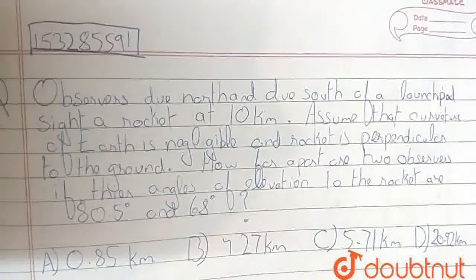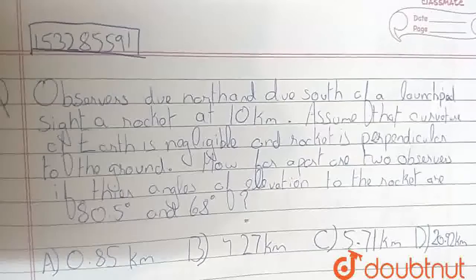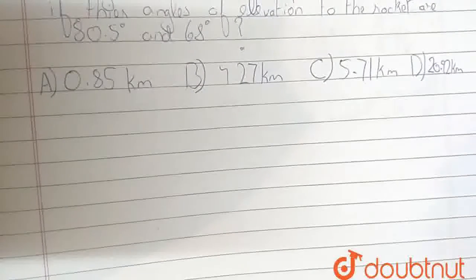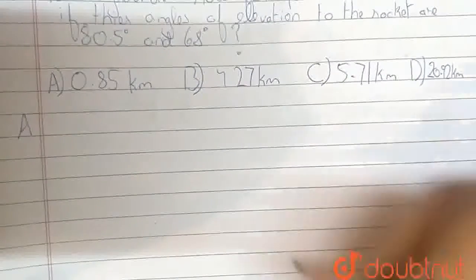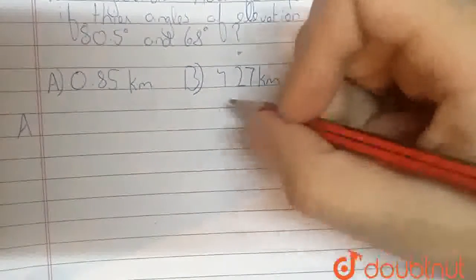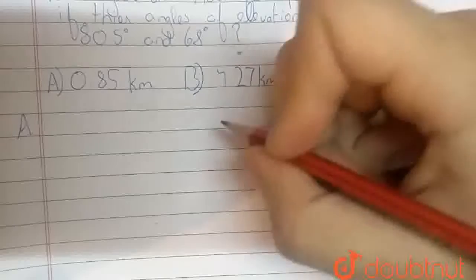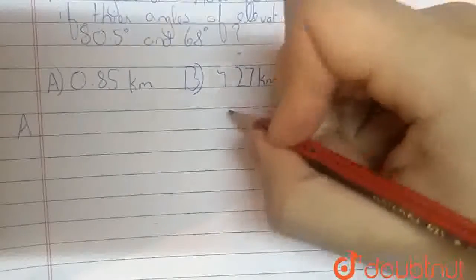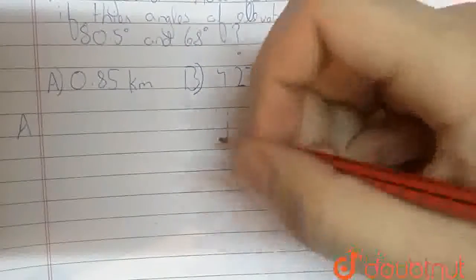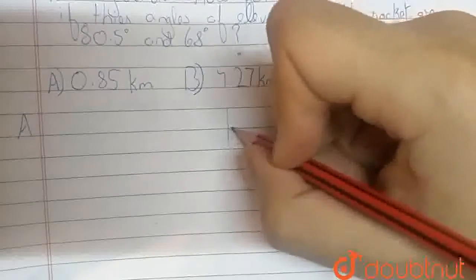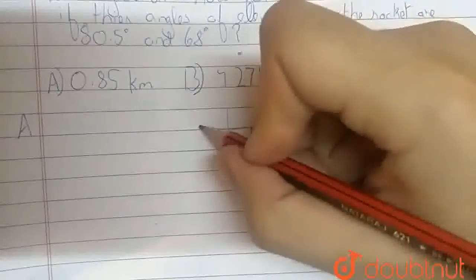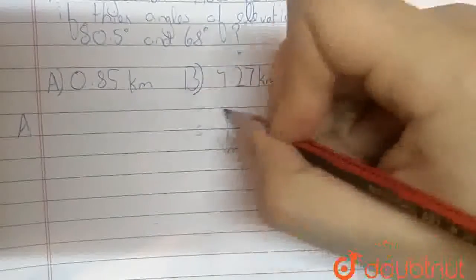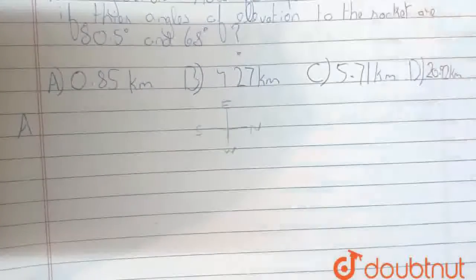So let us first understand what this question is saying. First we will explain just the diagrams once, the direction. We can assume something as such where this is north, this is south, the west, the east.